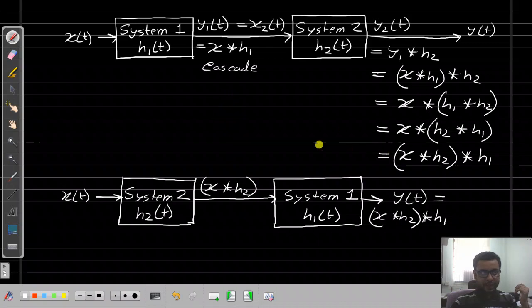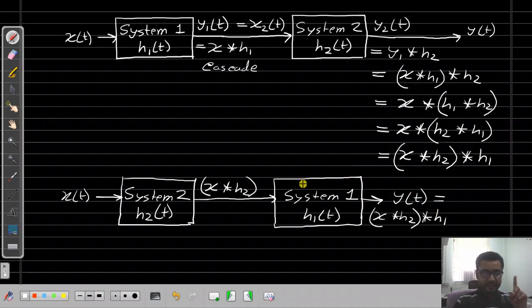So it means that you can reorder these two systems. You can swap the order of these two systems. If the input outputs are compatible, you can swap the order and the input output behavior remains unaltered, unchanged.